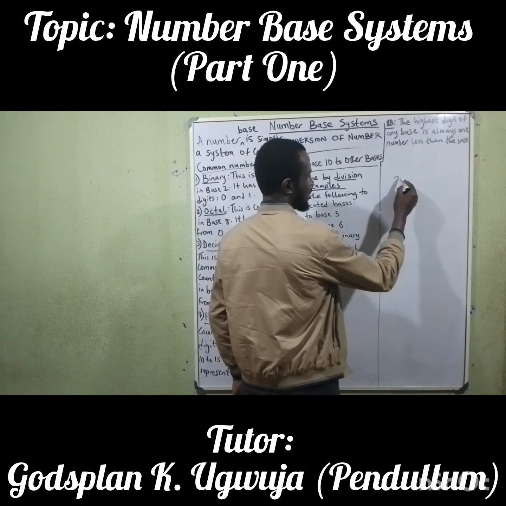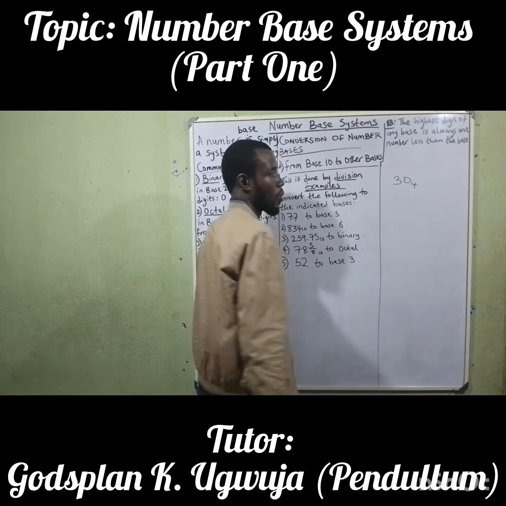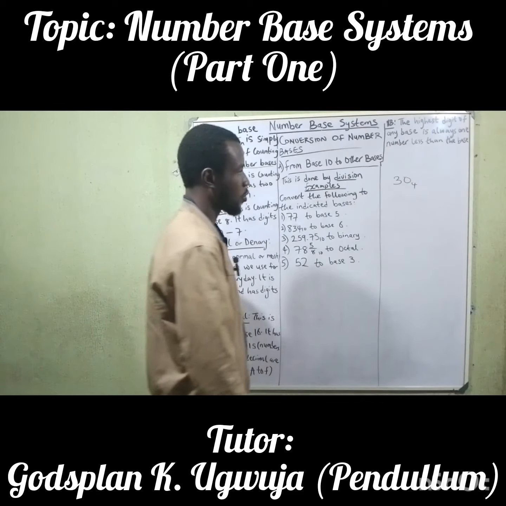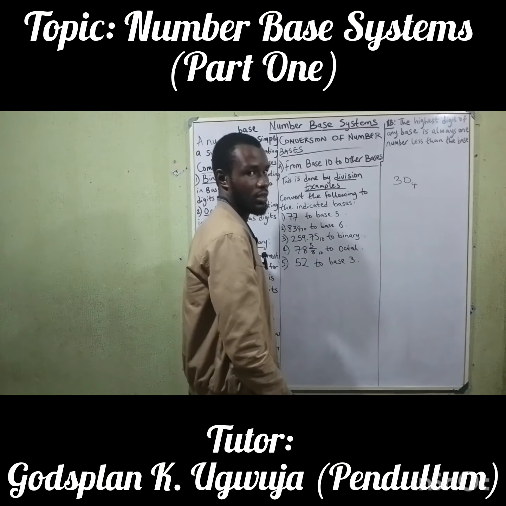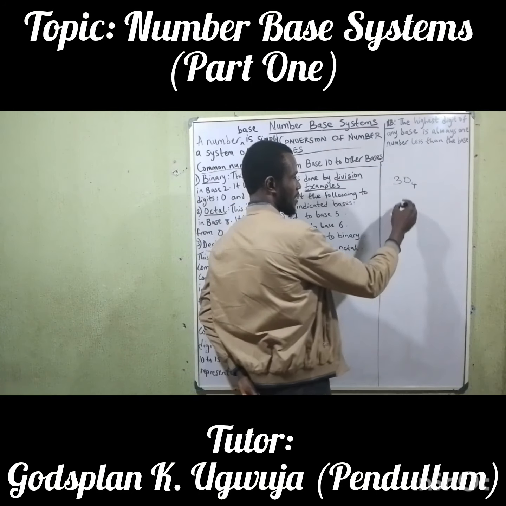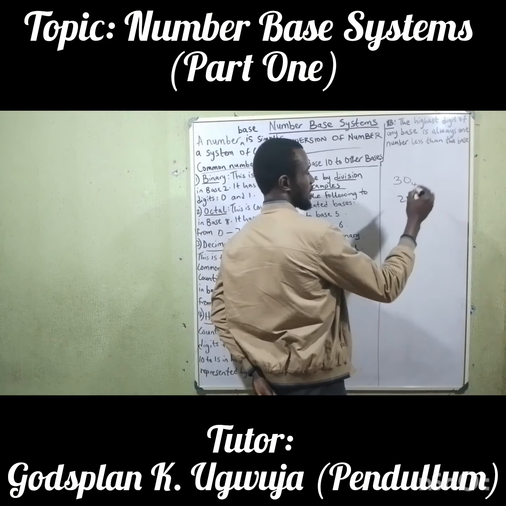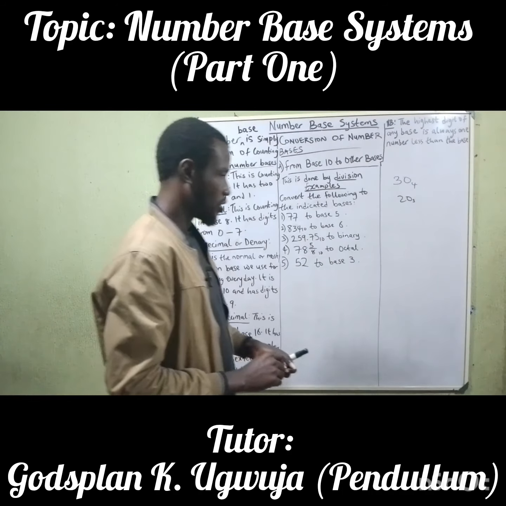What I mean is, if I write 30 like this, it is 30 in base 4. I can write 20 in base 3. This is how you write your number bases. So take note of that.